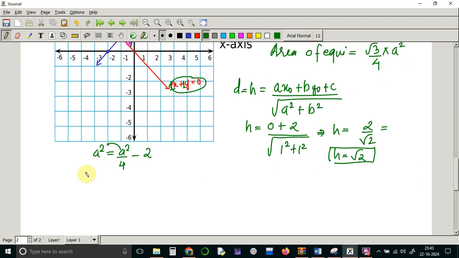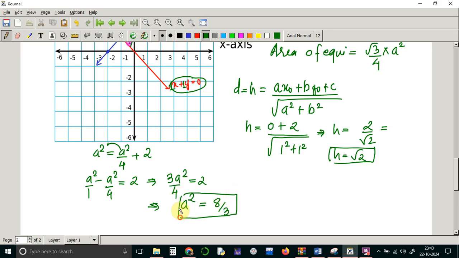So taking this on the side, a square minus a square upon 4 equals 2. After taking LCM, I am going to get 3 times a square upon 4 equals to 2. So this gives me a square equals to 8 by 3, or the edge of this equilateral triangle is square root of 8 by 3.